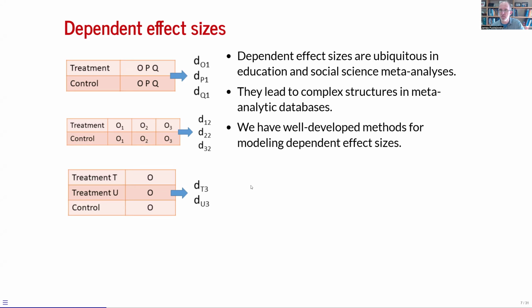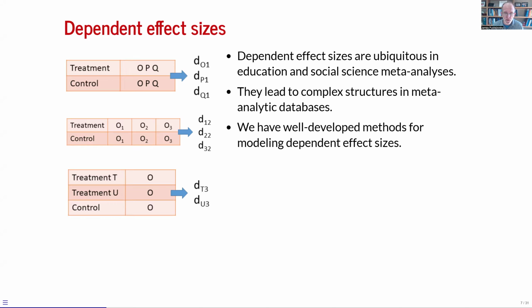And as long as those multiple intervention conditions meet your inclusion criteria, right, there's reason to include both of them in a synthesis. But this creates some complexity in the data. The way I think about it is that it puts hierarchical structure into the data.